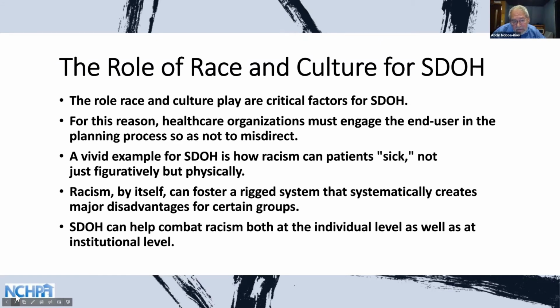His conclusions are stark. So, in reality, the next bullet, racism by itself can foster a truly rigged system that systematically creates major disadvantages for certain groups in the US, as he well exemplifies in his research.